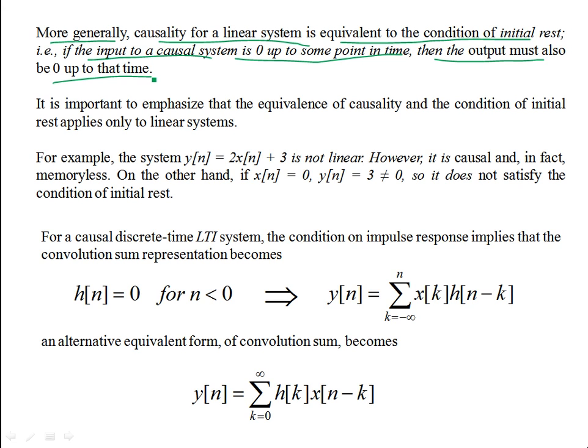If the system responds before the input is applied, that means the system knows that the input is going to be applied. That is not realizable. So the system stays at rest, maintaining the same output, unless the excitation is applied, and then the system responds.